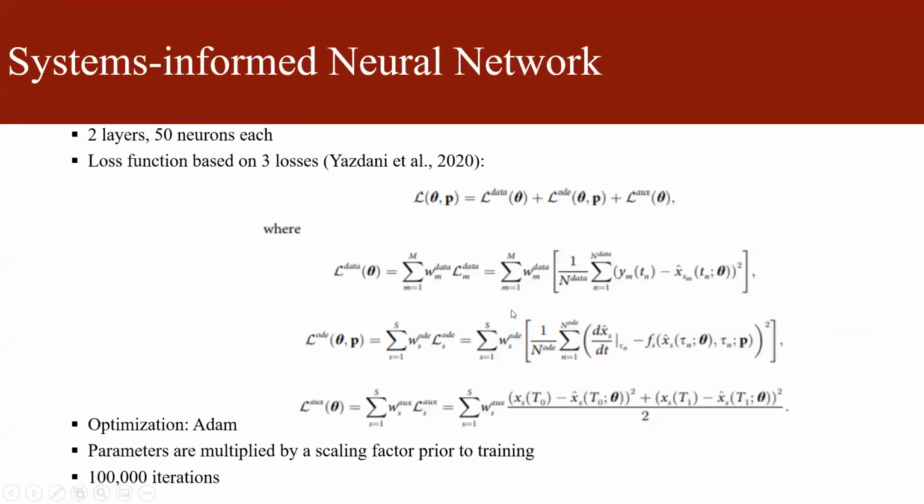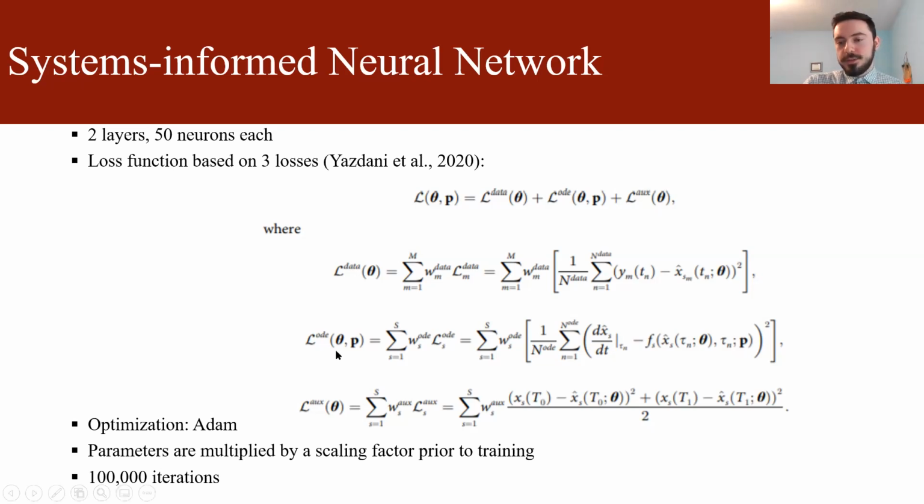As I was saying, the neural network has 2 layers with 50 neurons each, and the loss function is based on 3 losses noted as data loss, ODE loss, and auxiliary loss. The data loss is a calculation of how far off the predicted value is from the actual data point.